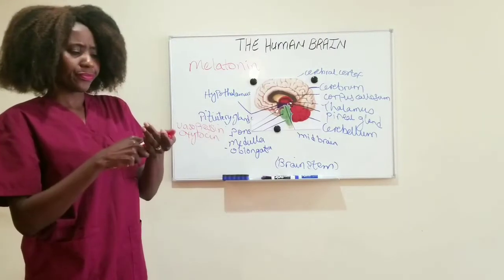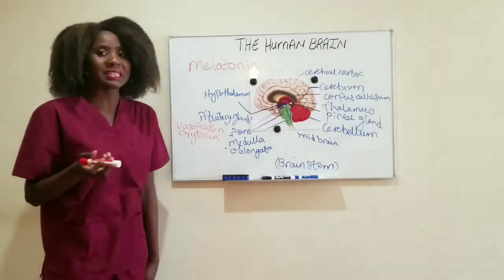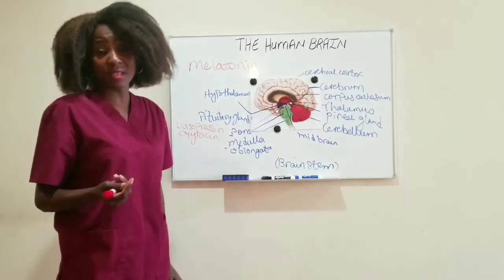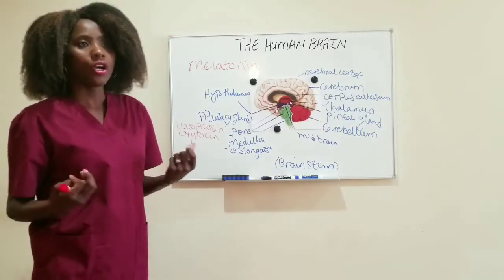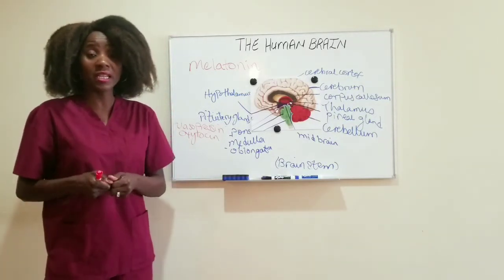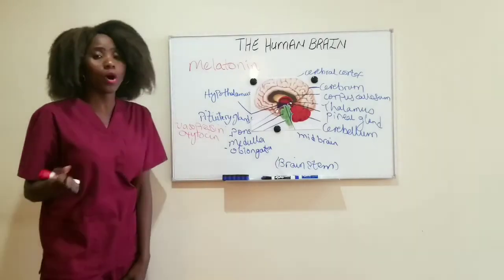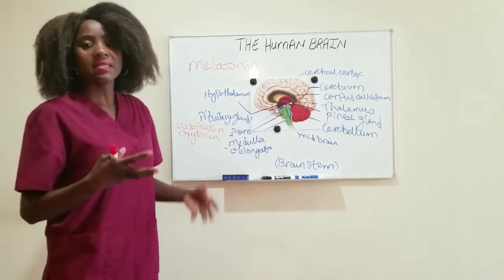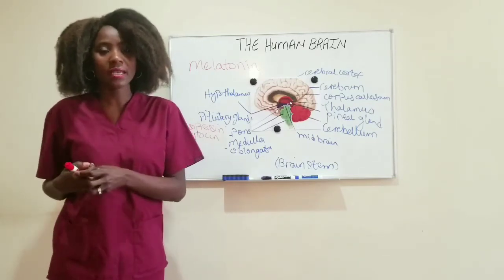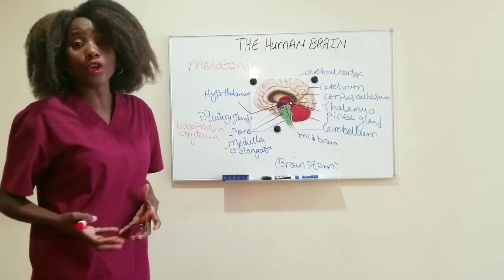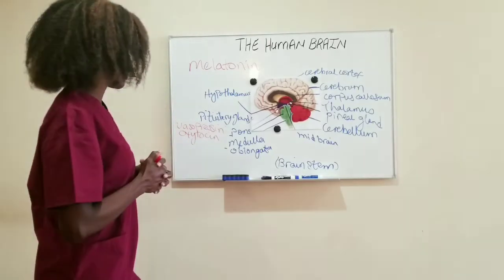Let's talk about these two hormones for a little bit. Vasopressin is your antidiuretic hormone, responsible for retaining water in your body if you're dehydrated. Oxytocin is responsible for stimulating the release of breast milk during lactation, and it's also responsible for uterine contractions during labor and delivery.